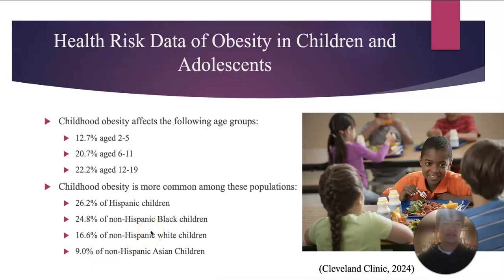Some of the exact health risk data for obesity today, the age groups that it affects, along with specific ethnicities, are as follows. The age group of 2 to 5 years old is affected at 12.7%, 6 to 11 years old are affected at 20.7%, and the age group 12 to 19 years old is affected at 22.2%.